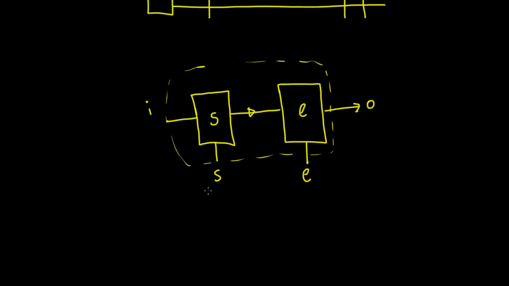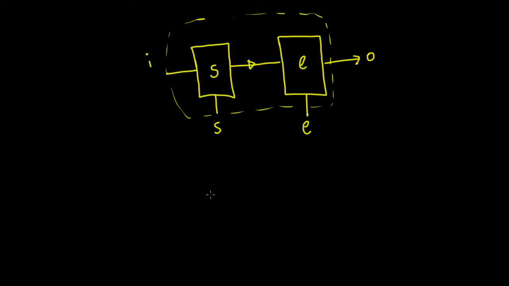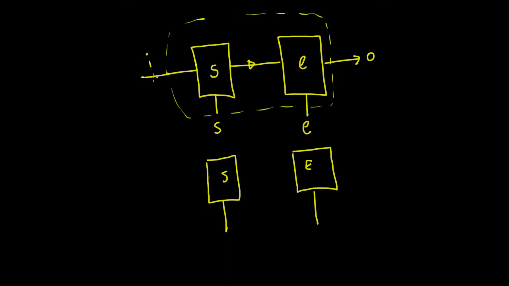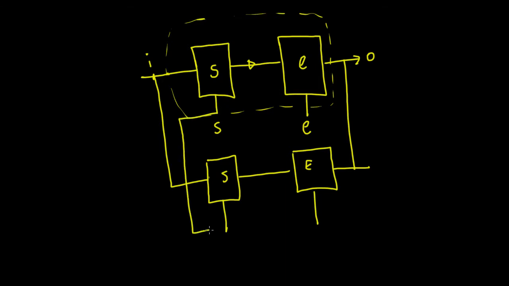Now if we were to take just 2 of these, although we're actually going to have 256, then we'd have our set and enable there for our other memory cell. The thing to realise here is that all of the inputs are tied together, and all the outputs are tied together, all the sets are tied together, and all the enables are tied together.